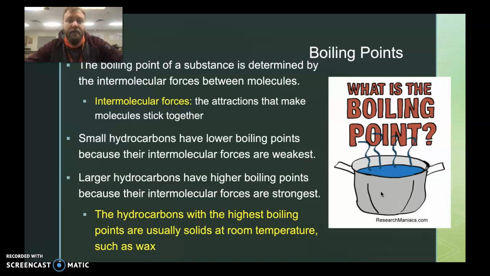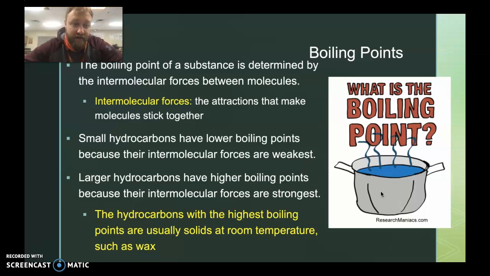The boiling point of a substance is determined by the intermolecular forces between the molecules. These forces are attractions of the molecules, which is what keeps them together. Smaller hydrocarbons, with less carbon and less hydrogen, are going to have lower boiling points because their forces are going to be weaker, just because they don't have as many carbons and hydrogens to keep them together.